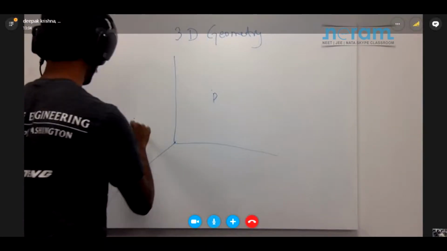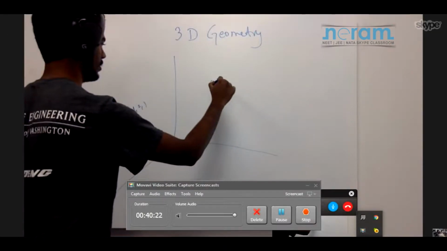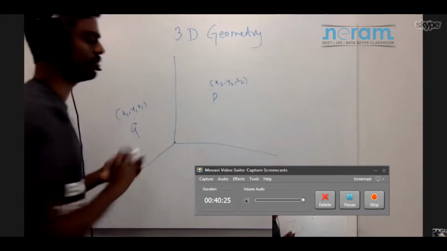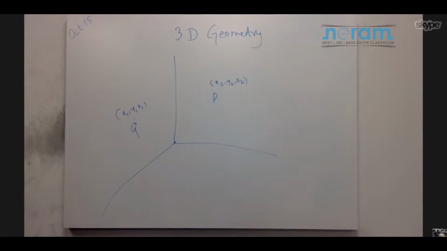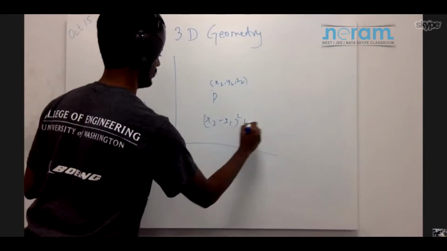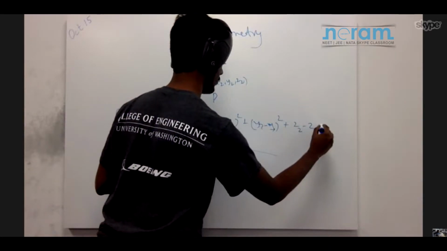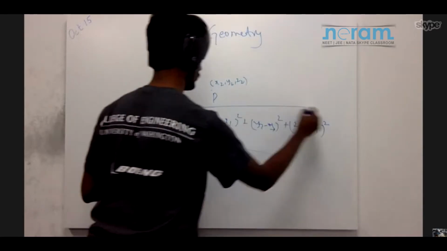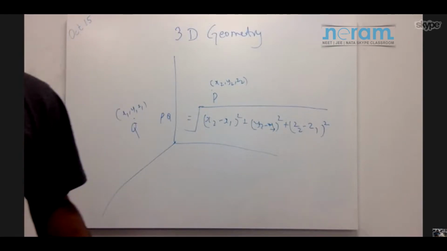Just call p q, x1 y1 z1, x2 y2 z2. எப்படி மெஷர் பண்ணலாம்? ஓகே, பட் டிஸ்டன்ஸ் எப்படி கண்டுபிடிப்போம்? இதான் வெக்டர் அல்ஜிப்ராவில் பார்த்தோம் இல்லையா?